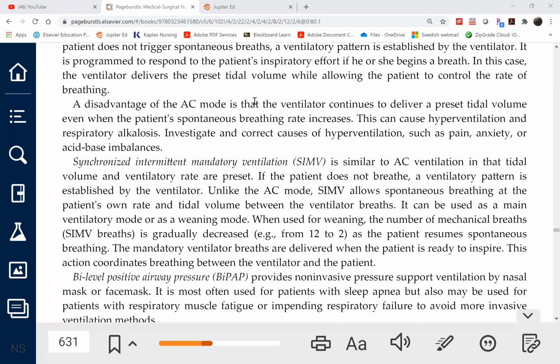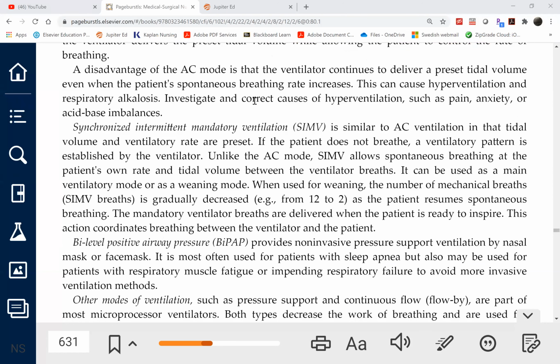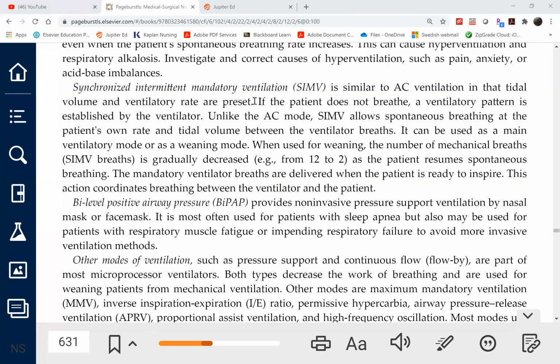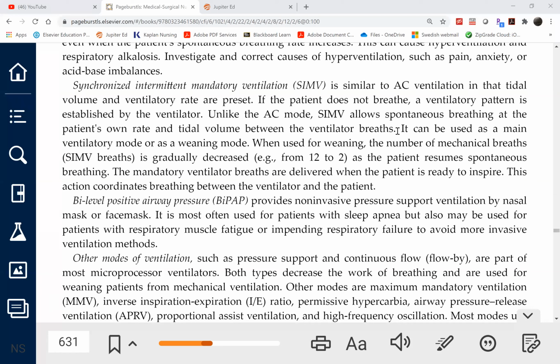However, unlike AC, wherein when the patient takes a breath the vent gives the tidal volume, in SIMV, if the patient takes a spontaneous breath, who determines the tidal volume? Is it still the vent?